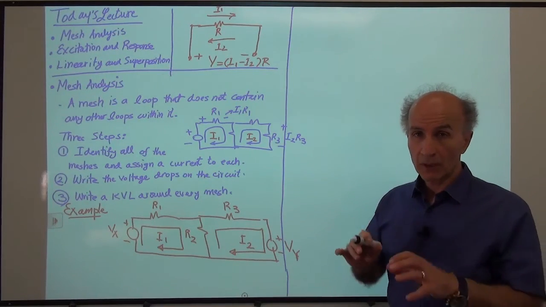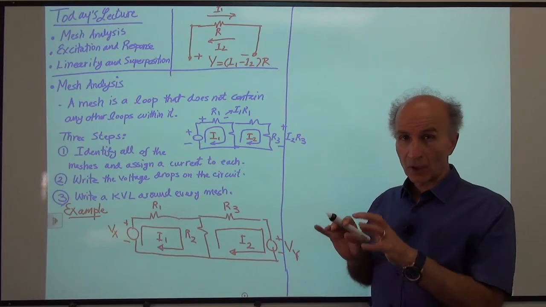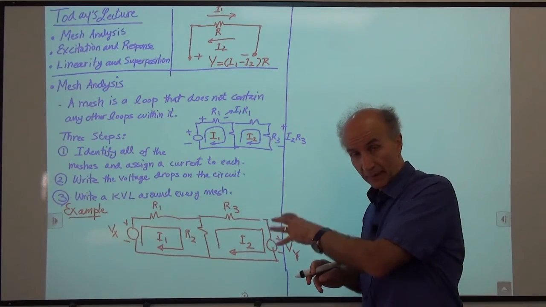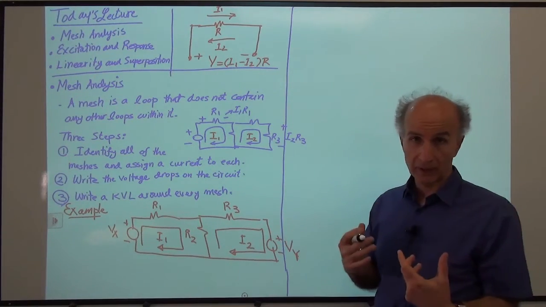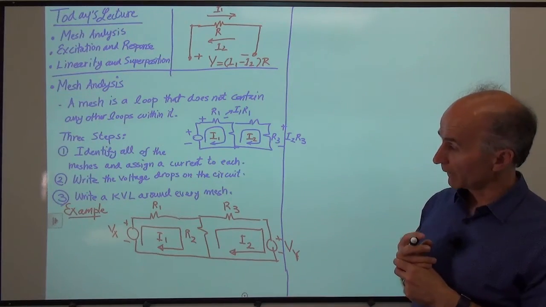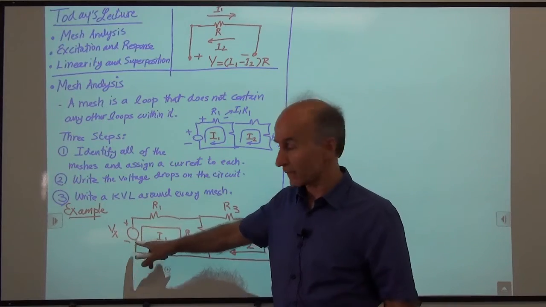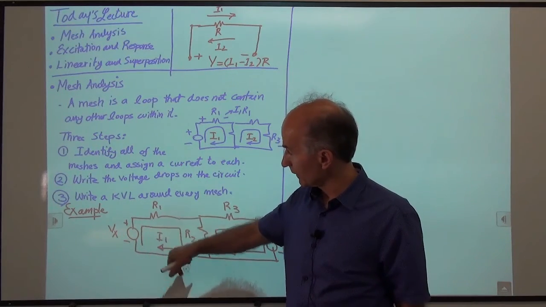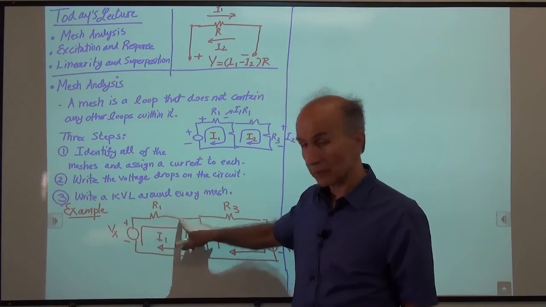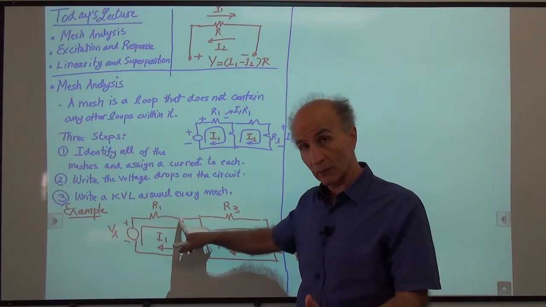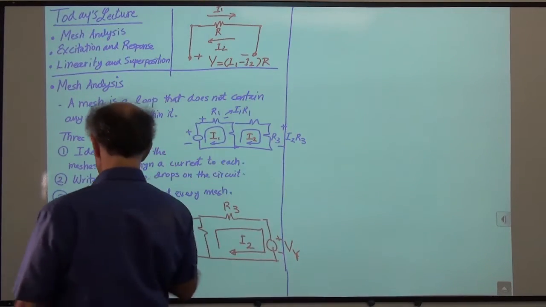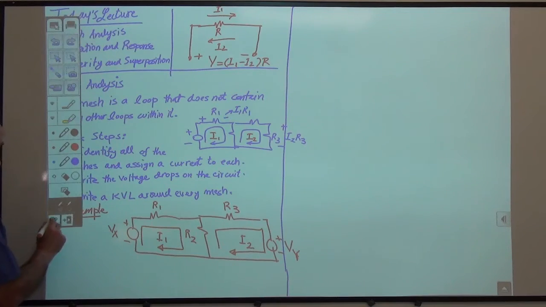We want to mark the voltage drops on the devices inside the schematic, so that later on we can write KVLs. So how do we do that? Okay, we start from here. This is a voltage source, so that's given, no worries there. We have a resistor, and this resistor carries the current of I1 from left to right. So it generates a voltage across it, and that voltage is just given by the current times the resistance.